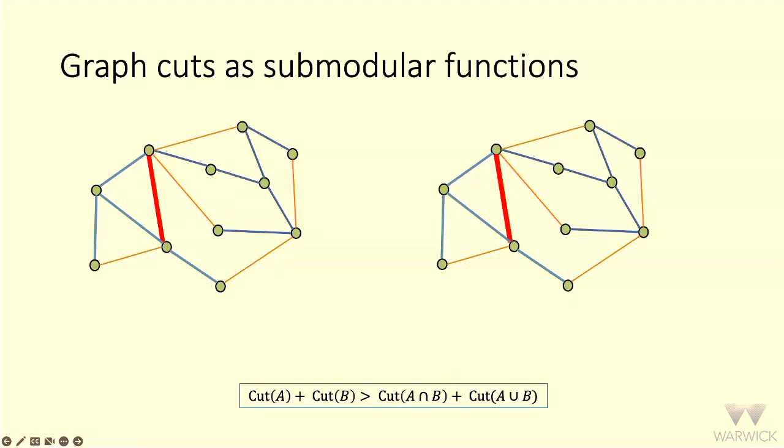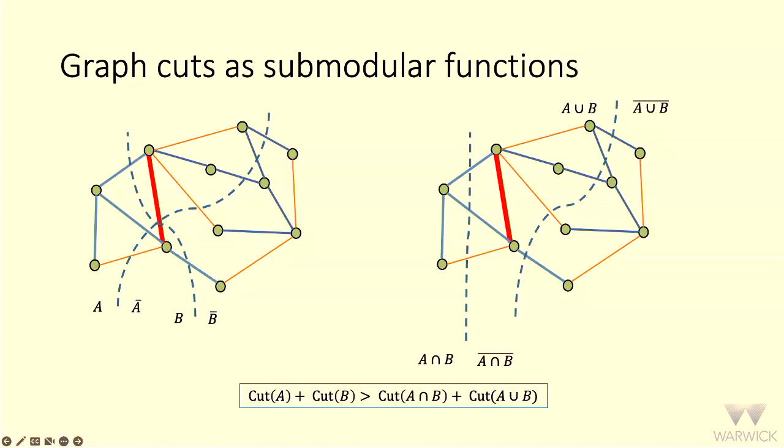And to prove that it's a submodular function, you need to show that this holds for any sets A and B. That's not very hard to see. So think of this A. This is a cut. And the edges that are cut by this are the edges crossing the dotted line. And you have another set B. If you look at A intersection B and A union B, you see that all the edges that are cut on the right-hand side are also cut on the left-hand side.